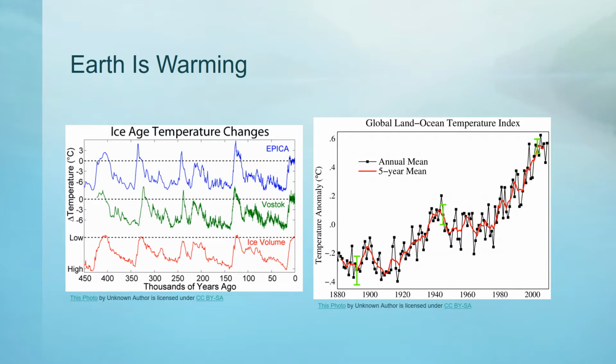And so, as it says, the Earth is warming. We see thousands of years ago, during the Ice Age, the temperatures have gone up and down. It has been warmer than it is now, but you can see it's climbing quite steeply. There have been other times when it's been a steep climb.